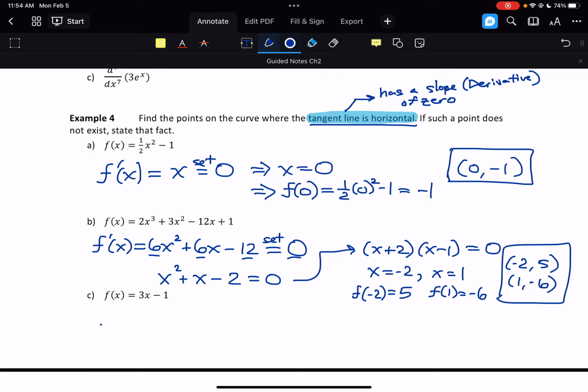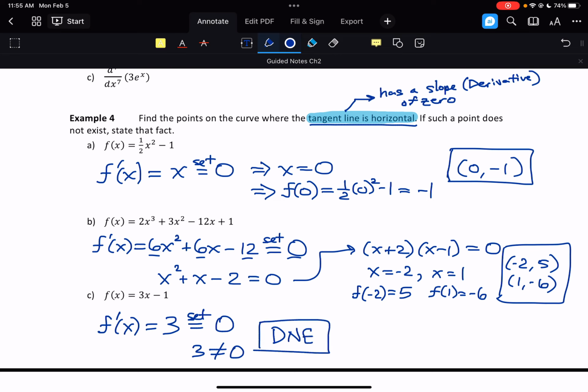Then for one like part C, f prime of x equals 3 times 1 and then minus 0, so just 3. If we set that equal to 0, clearly 3 is not equal to 0 and never will be equal to 0. So this one, there is no horizontal tangent line. So it does not exist on this one.